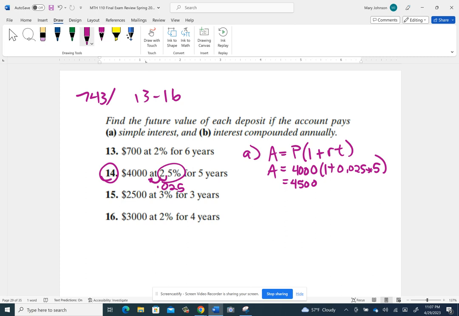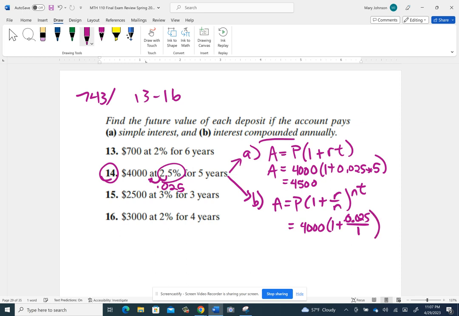Now on part B for that formula, I'm still looking at number 14 for part B, compounded. So I'm going to go to this formula, the 1 plus R over N raised to the NT, and I'm going to plug in the 4,000, plug in my interest rate of 0.025, divide by 1 year raised to the 1 times 5. So it's a little different. It's got an exponent involved.